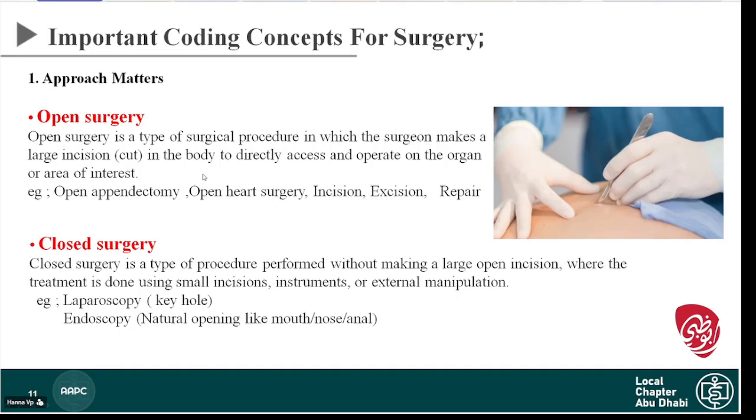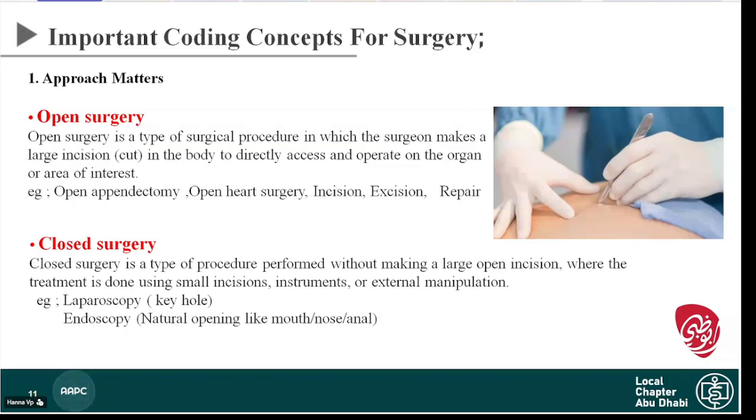When the doctor is doing open surgery, they will open your body, cut or incise the skin, directly access the body part and operate. After the surgery, they will suture and close it. Here the surgeon can access the body part directly.